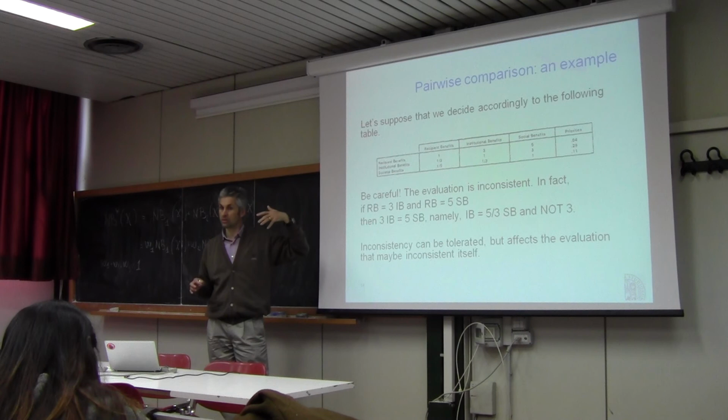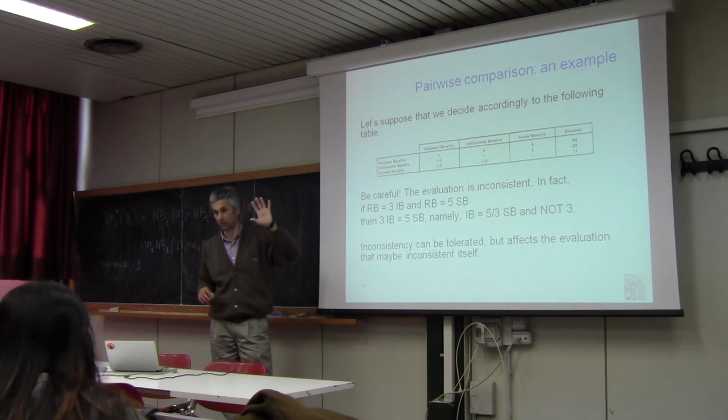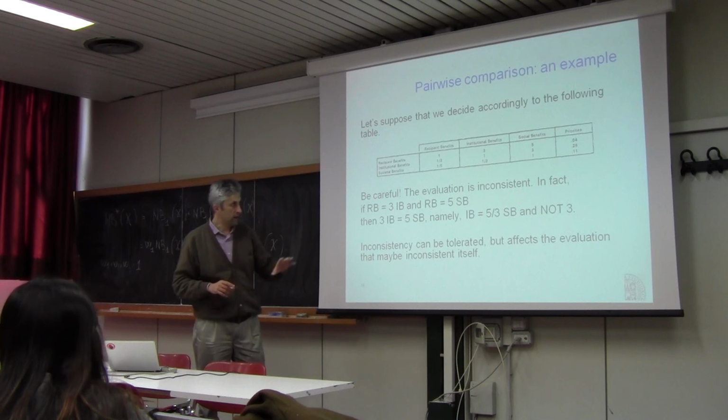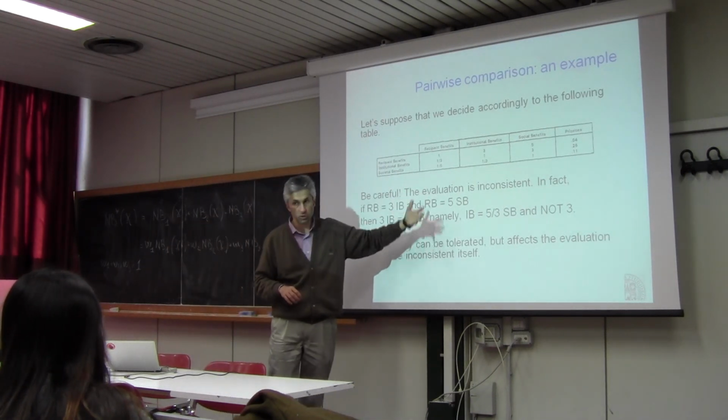We are not going into the details, just let's take for known that we have some inconsistency tests that can be performed. Okay, now let's accept this evaluation and let's see how we can compute the weights.